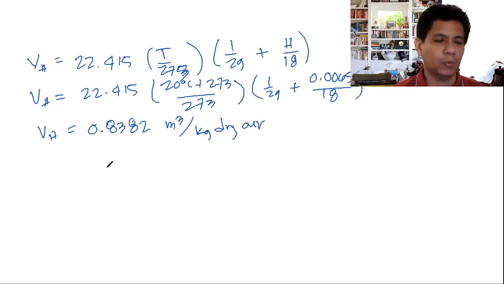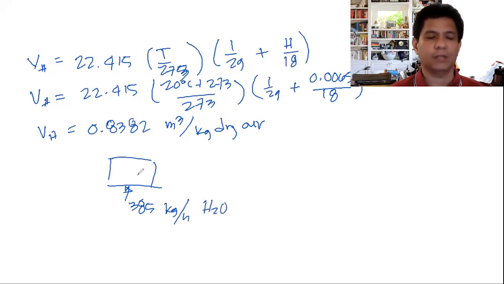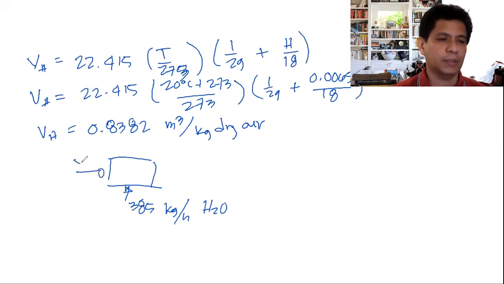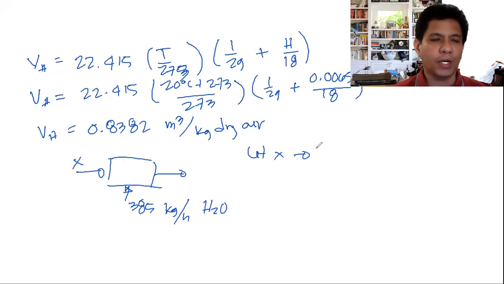So basically, ganito yung ano. Let me illustrate the situation. If you still remember, we have 385 kilogram per hour of water that goes into the air. So let X be the flow rate of dry air.